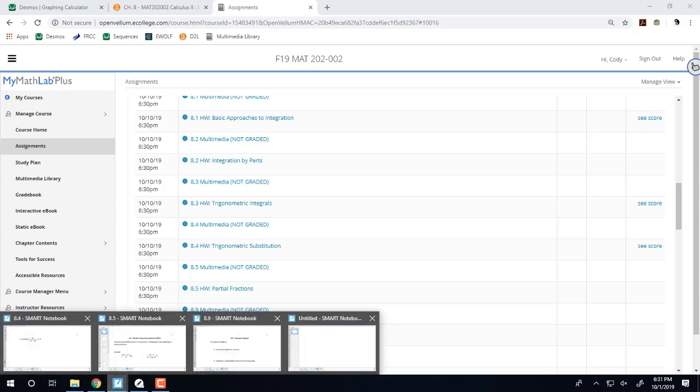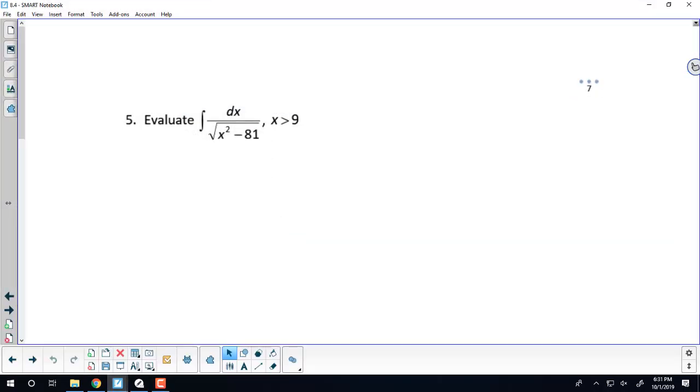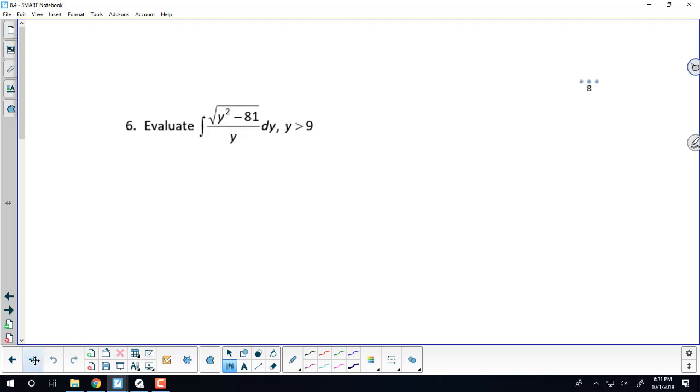All right. Well, we'll finish 8.4 today. And we were looking at trig substitutions in 8.4. So example 5 and 6 are somewhat similar. So for the sake of time, we'll skip example 5 and look at example 6.